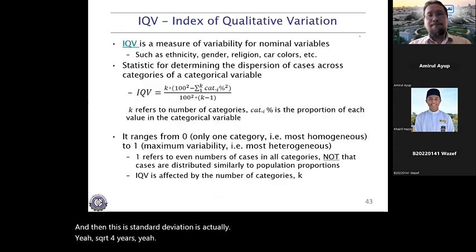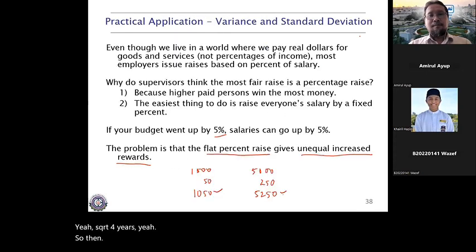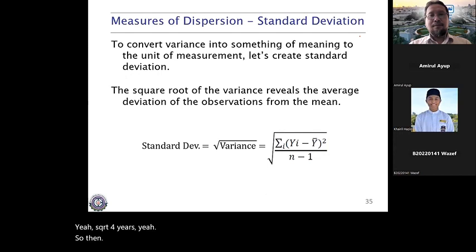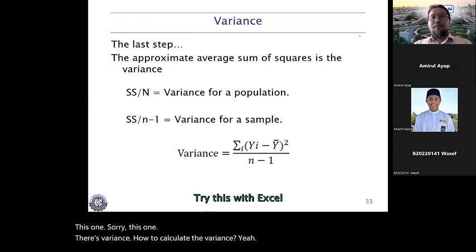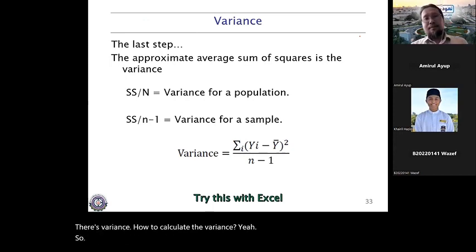So this is the variance. How to calculate the variance here? Sigma of yi minus y bar, squared, where y bar is the mean.